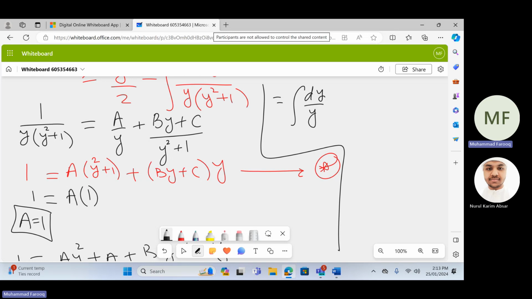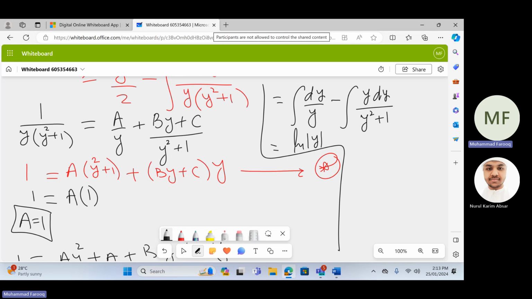And B is negative 1, so I have negative y dy divided by y squared plus 1. Correct? What is the integral of dy over y? ln absolute value of y.